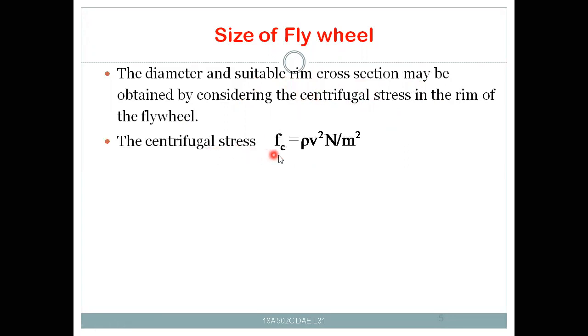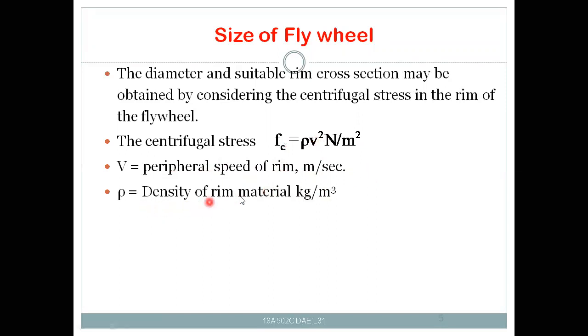The centrifugal stress Fc is equal to rho v square in Newton per meter square, where v is the peripheral speed of rim in meters per second. We are already aware that the formula for peripheral speed is pi d n by 60, and rho is the density of rim material in kg per meter cube.